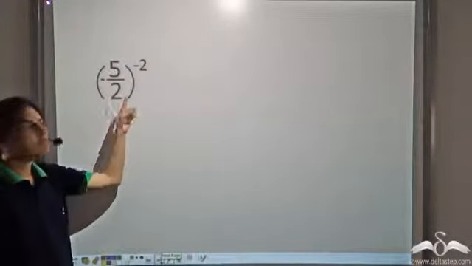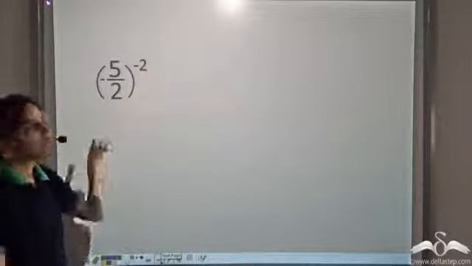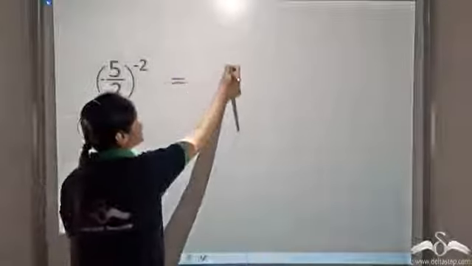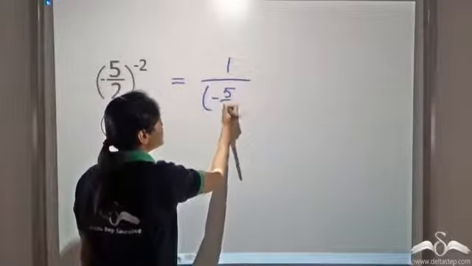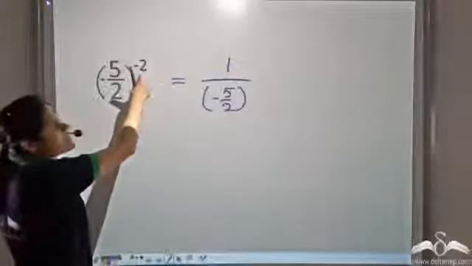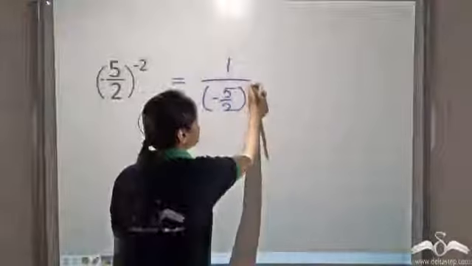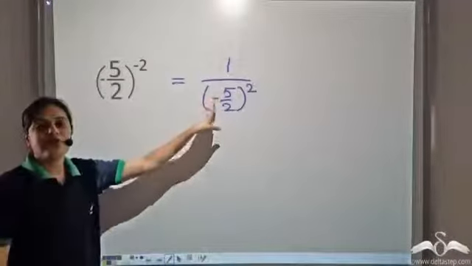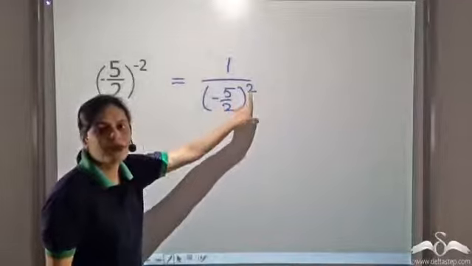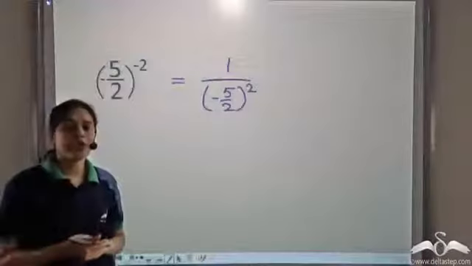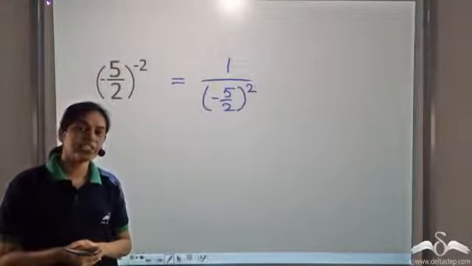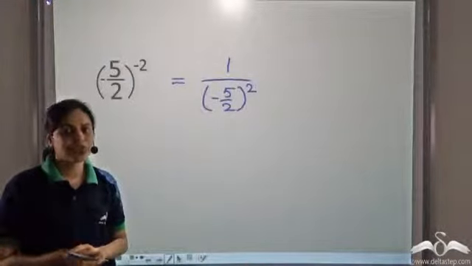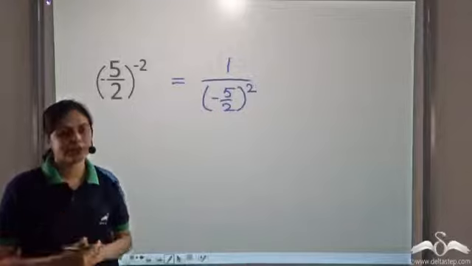Negative fraction raised to the power negative 2. Again, we can write it as 1 divided by negative 5 by 2. This negative 2 becomes positive. So negative 5 by 2 raised to the power 2. So we have seen that this law holds for positive integers, negative integers, fractions, which may be positive or negative.